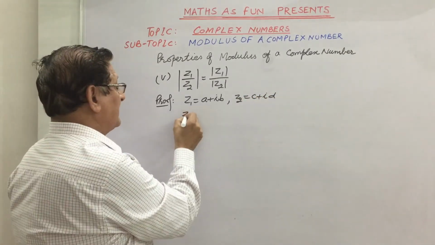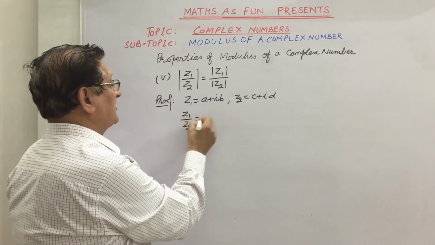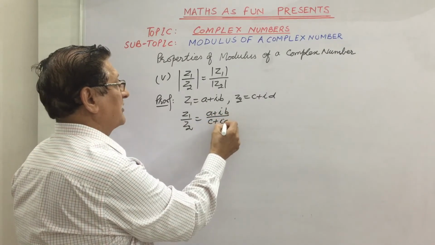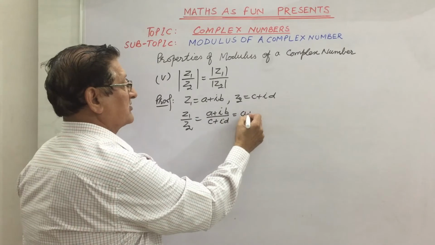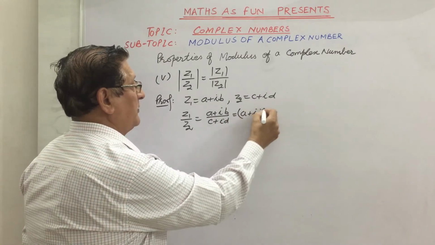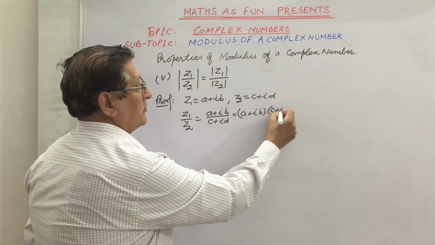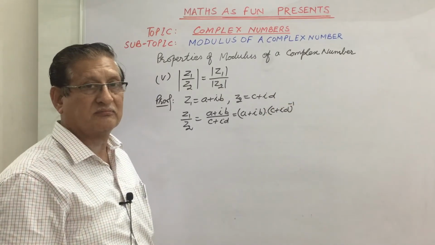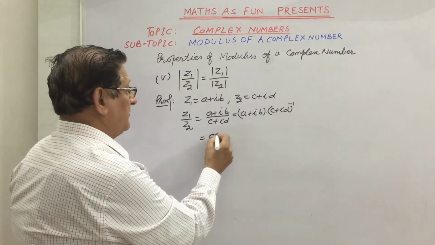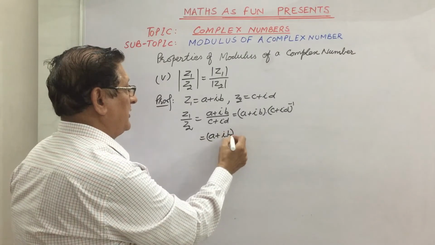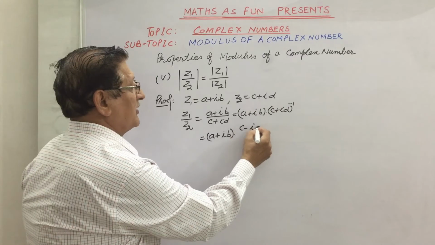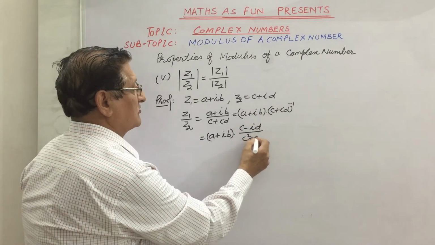If we divide them, z1 upon z2 will be equal to a plus iota b upon c plus iota d. And we know this can be written as a plus iota b into the multiplicative inverse of c plus iota d. This can be written as a plus iota b into the multiplicative inverse, which we know is c minus iota d upon c square plus d square.